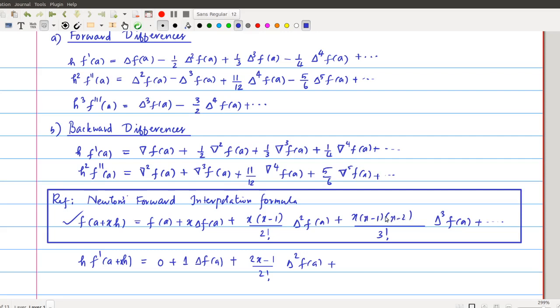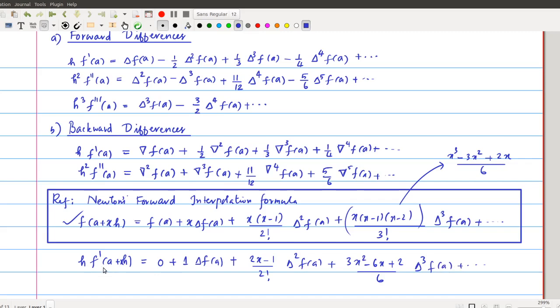You can multiply all these three factors, then I'll write the polynomial here, that will be x cube minus 3x square plus 2x. Okay, so this is this factor. Then take the derivative of this, that will be 3 times x square minus 6x plus 2 divided by 6 times del cube f of a plus etc. This is the way we write this expression.